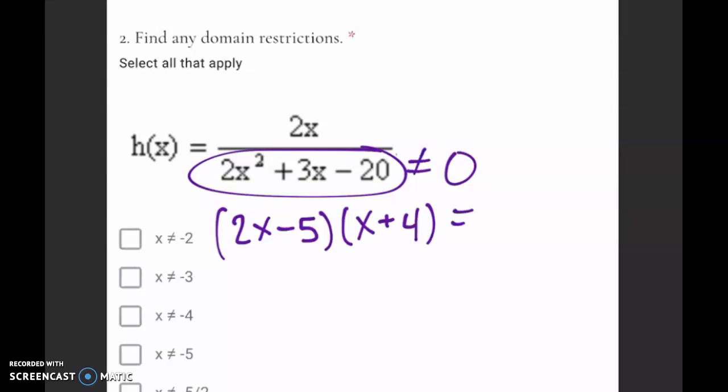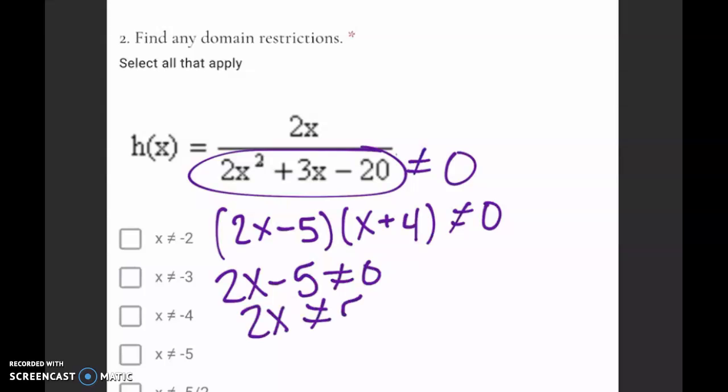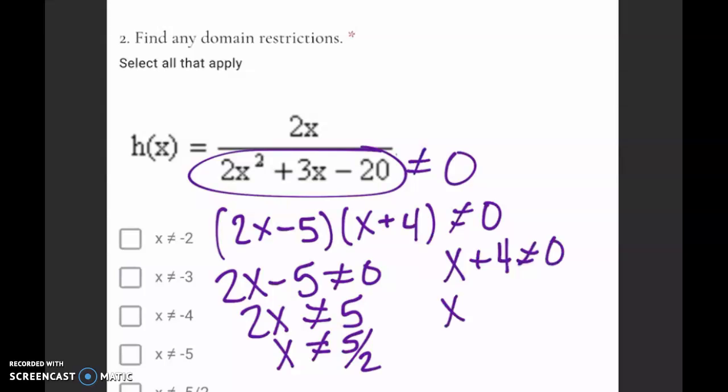Okay? We know that those factors cannot equal 0. Use your inverse operations.